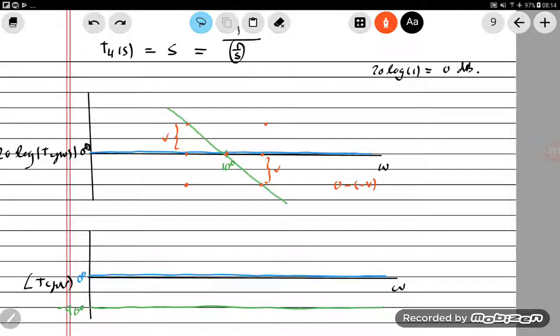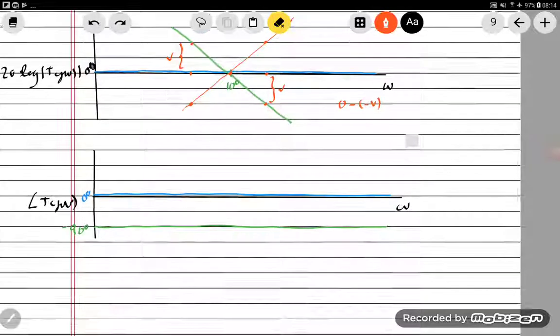So it goes at the top there. Okay, so if we connect those lines, we see that the magnitude plot of s just becomes the reflection of the magnitude plot of 1 over s.